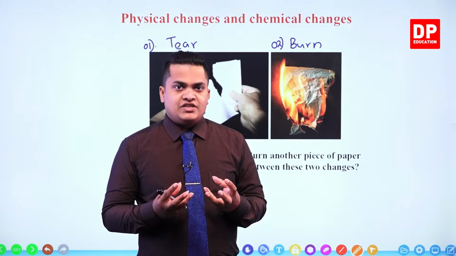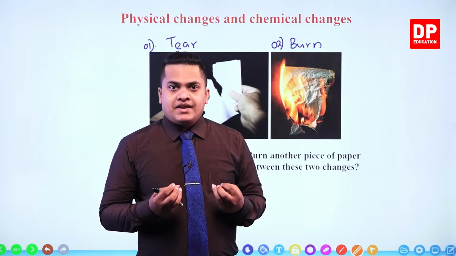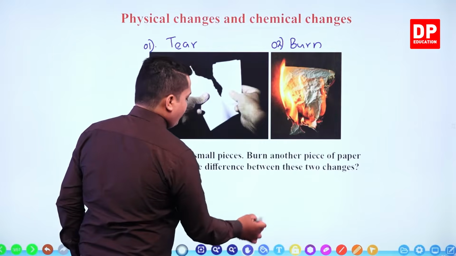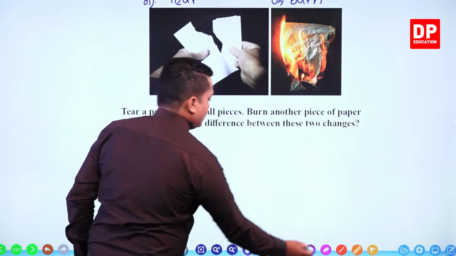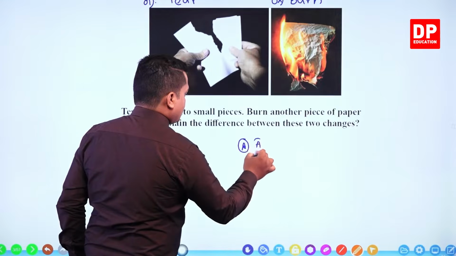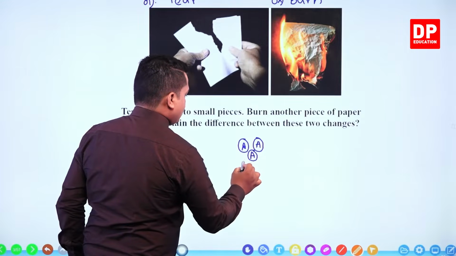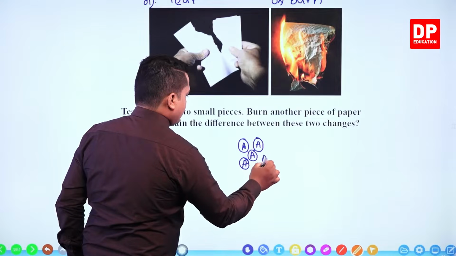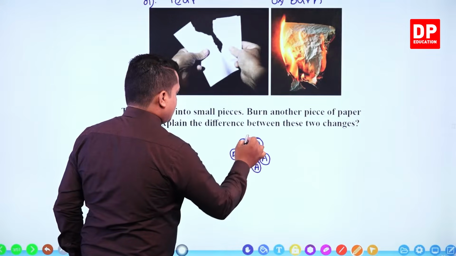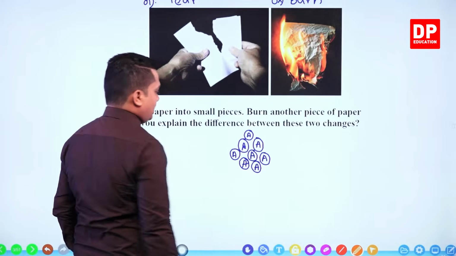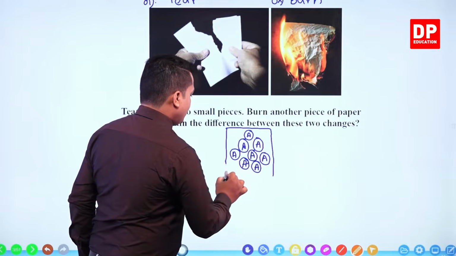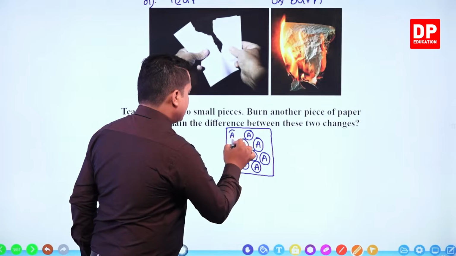Let's assume that paper is made up of A kind of particles. So in a paper there are A particles like this, which are arranged this way. So this is paper made up of particles A.